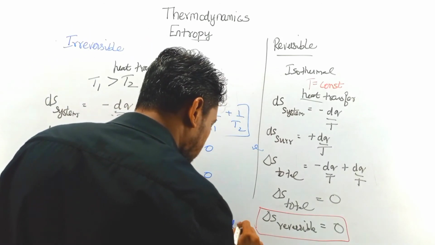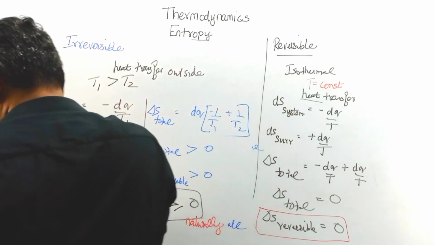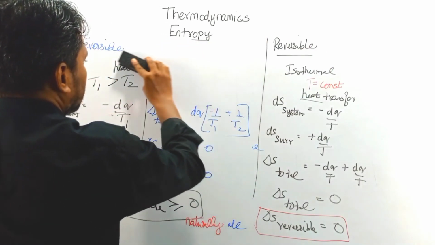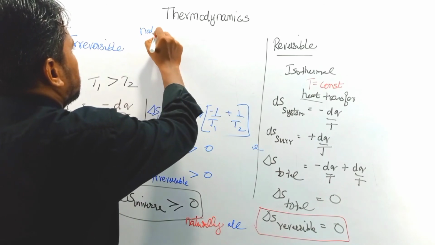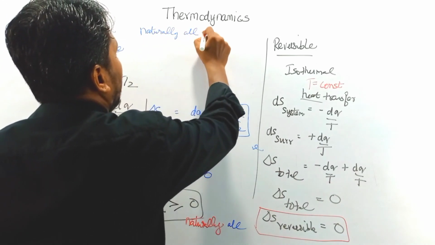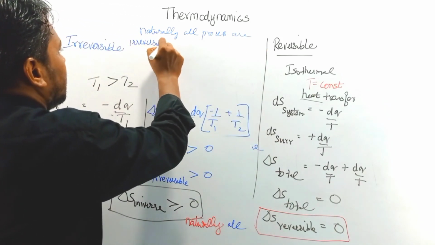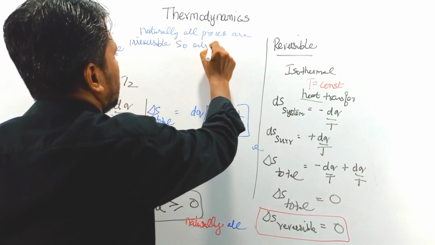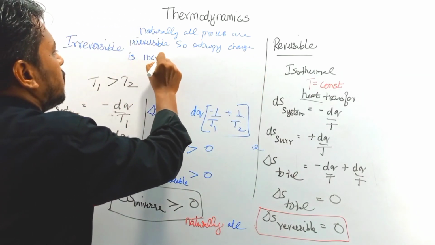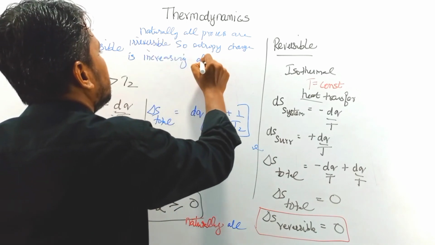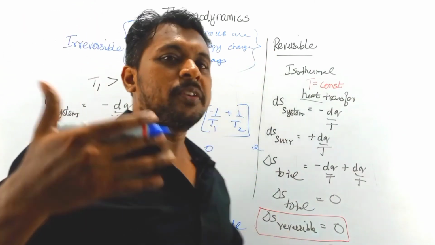Naturally, all processes are irreversible, so entropy is increasing always, or increasing continuously.